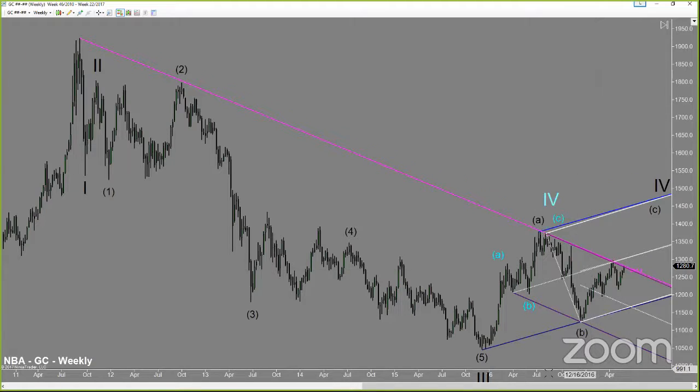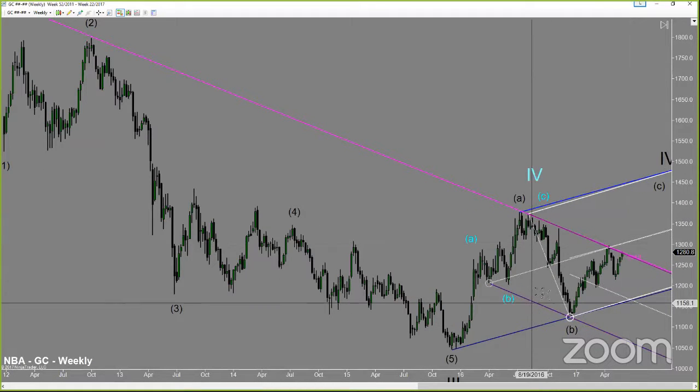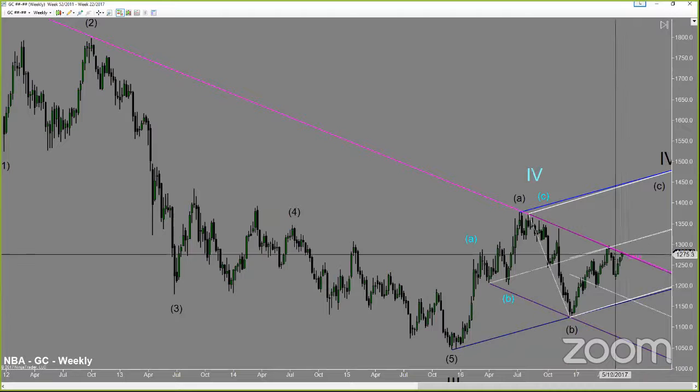And then that second area is just the channel from low to low, so this down sloping channel, and we used the resulting pitchfork of that right here at the high, and obviously pulled back some, and now we're back to the top of the channel.